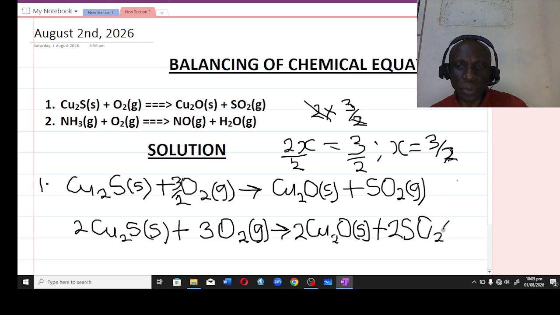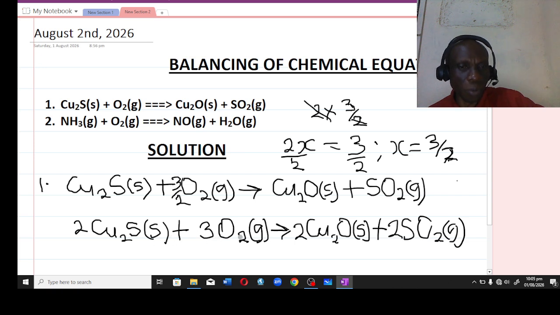That's what we have. Okay, so let's check if our equation is balanced. For copper, we have 2 times 2, making it 4. On the product side, 2 times 2, 4. Copper is balanced. Sulfur, these 2 moles affect the sulfur atom. So there are 2 sulfur atoms on the left hand side. On the right, these 2 tell us there are 2 sulfur atoms as well.